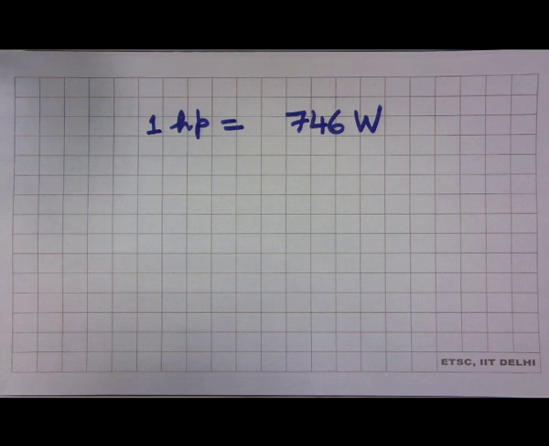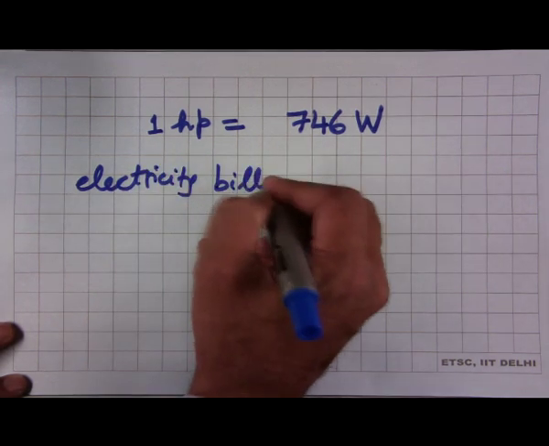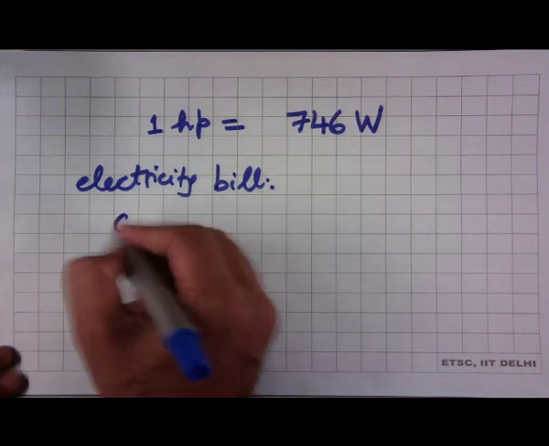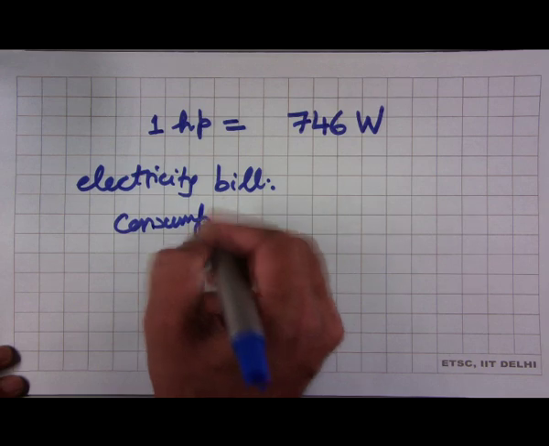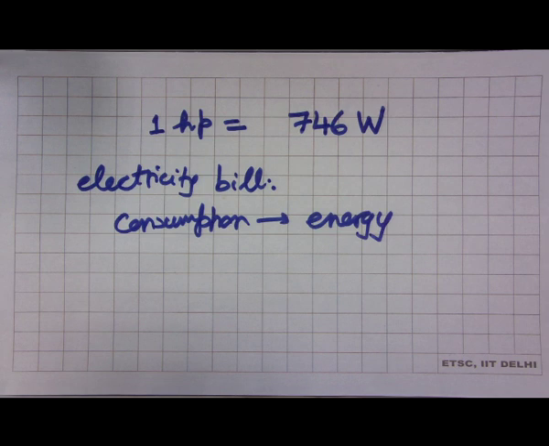Now, one of the places where we see the use of power is when you get your electricity bill, and in fact the electricity consumption is in terms of energy and not in terms of energy per unit time.